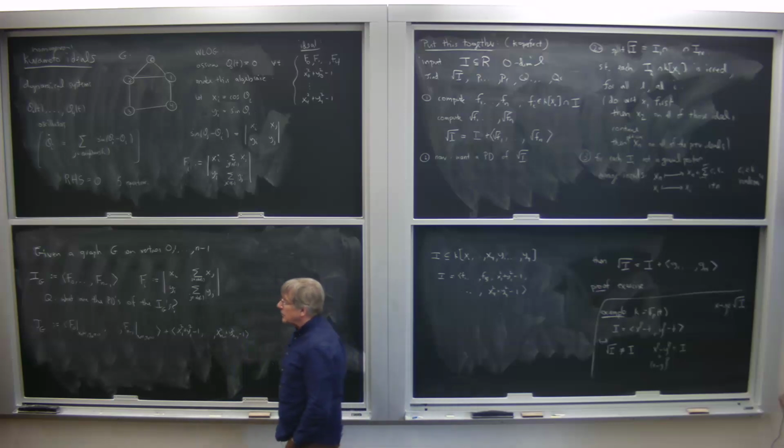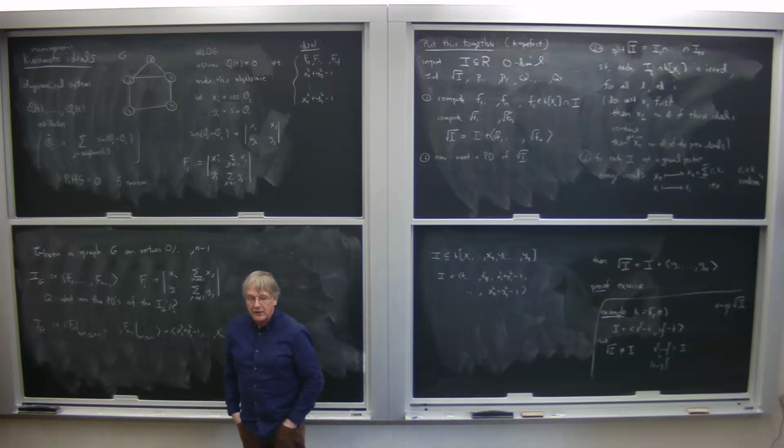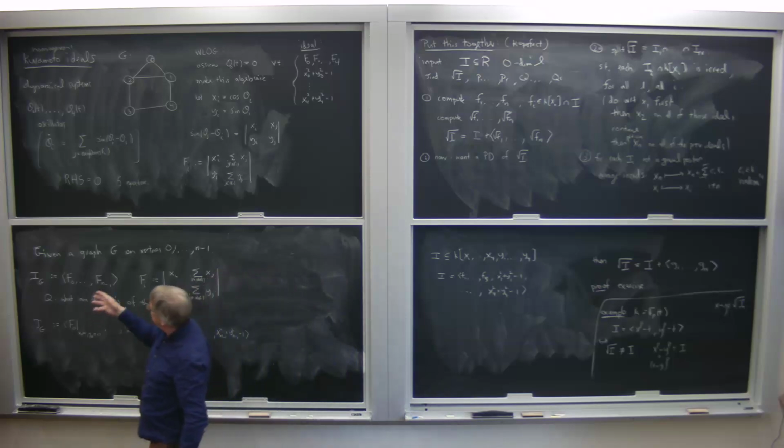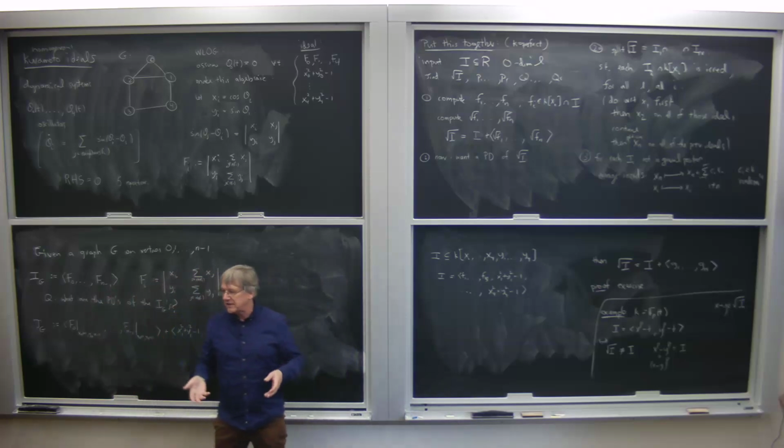There are theorems of the following sort. You can look at all the solutions. We found the solutions: a bunch of zero-dimensional things, and in the second example there's a one-dimensional family and a bunch of point solutions. If you look at all those solutions, you can figure out which ones are stable by looking at the Jacobian of the corresponding system and seeing if it's negative definite or not.